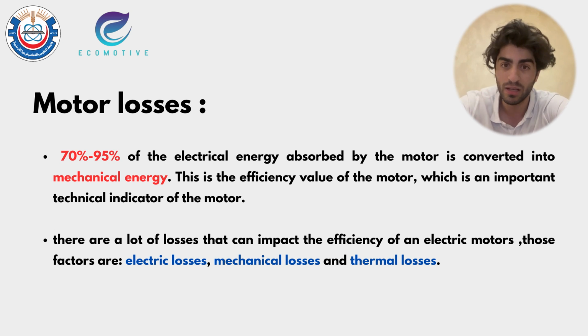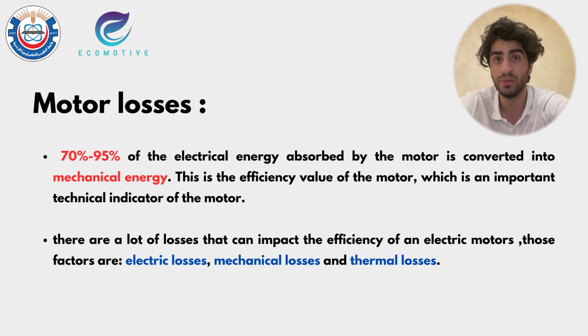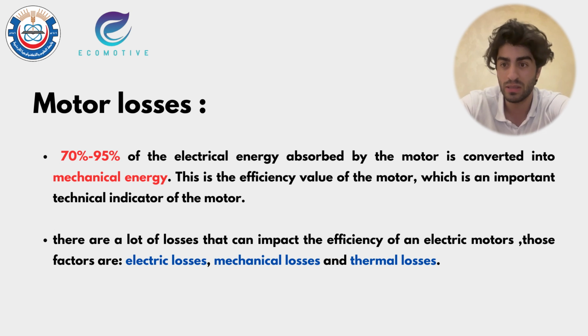The remaining 5% to 30% is the part that the motor consumes through losses such as heat generation and mechanical loss, and this part is the electric energy that is wasted. If we can find a way to reduce those losses, the motor will obviously be more efficient.